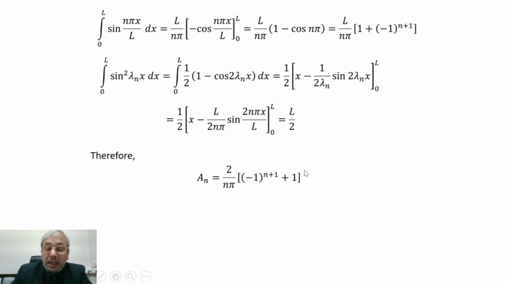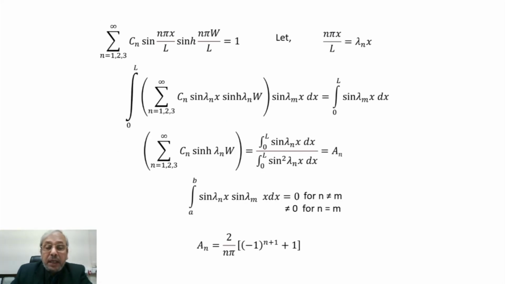So that is what we'll go by one slide. That is what was our target, to show that this an is given by 2 divided by n pi into (minus 1) to the power n plus 1, plus 1. So if we can find out this, then we can evaluate Cn.